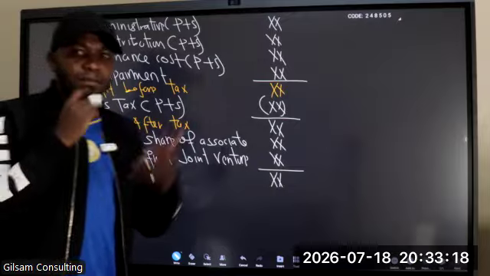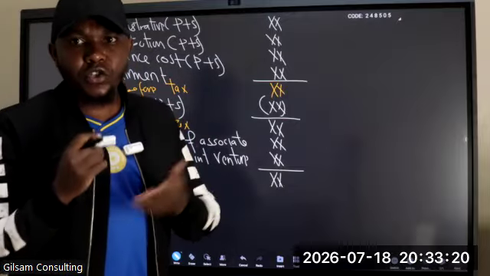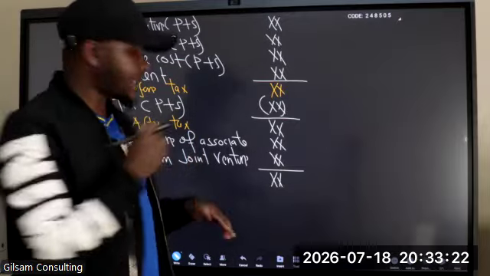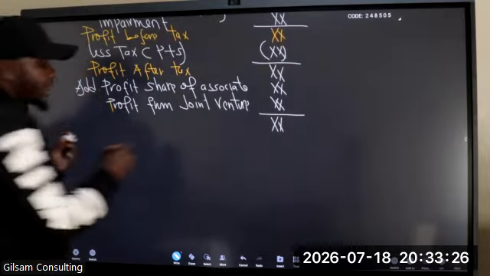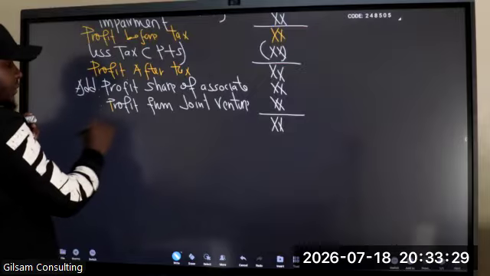Now we distribute to the non-controlling interest and the parent company. After this, we will distribute to get profit attributable.